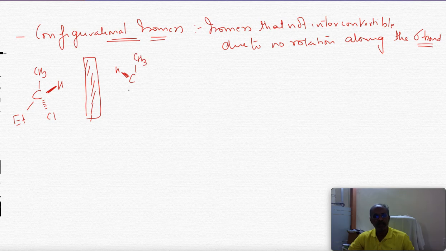Suppose this is A, this is B. If I pick up structure B as such and try to place it on A, what will happen? The H will be seen here, the chlorine will be seen here, and ethyl will be seen here, right?